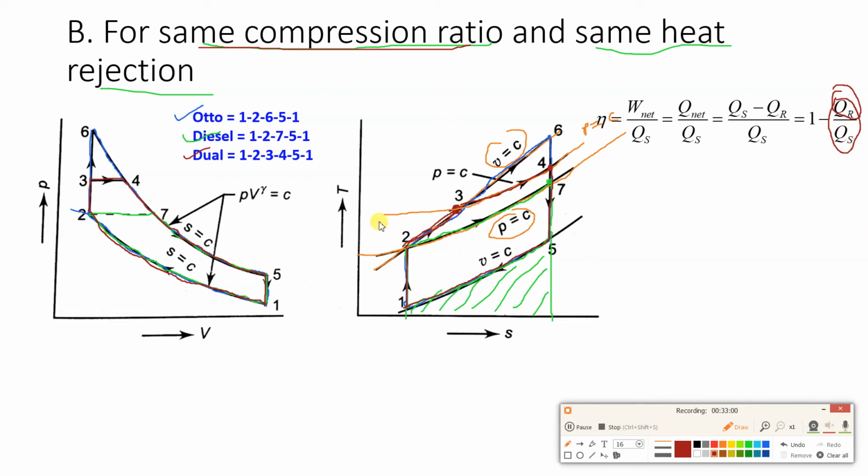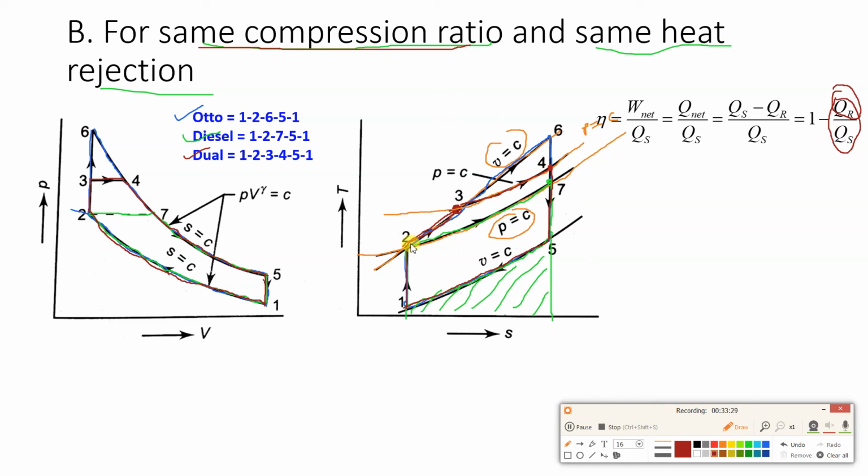And here you can see heat supplied: the area under curve 2 to 6 is for Otto cycle, constant volume heat addition. Then 2 to 7 is constant pressure heat addition in case of diesel cycle, and 2 to 3 constant volume heat addition, then 3 to 4 constant pressure heat addition, is in case of dual cycle.